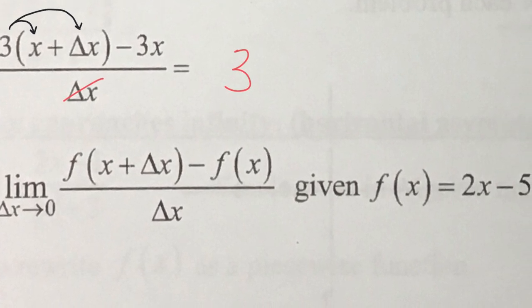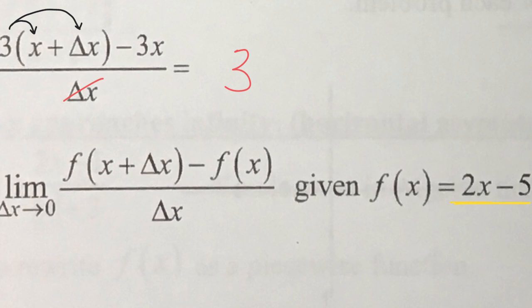Okay, this one's going to require us to do some work here and some understanding. So we have f of x plus delta x, a sum in parentheses, minus f of x. And it's telling us what our function f of x is representing.